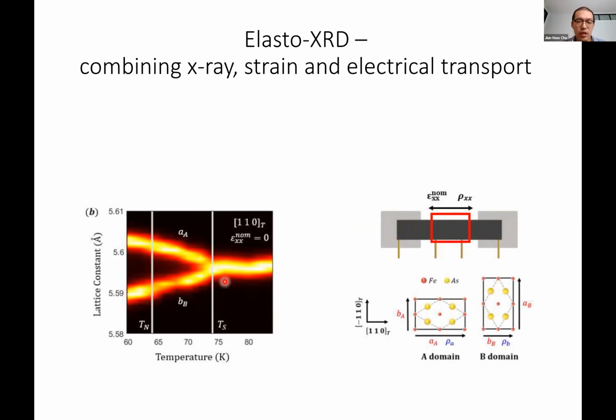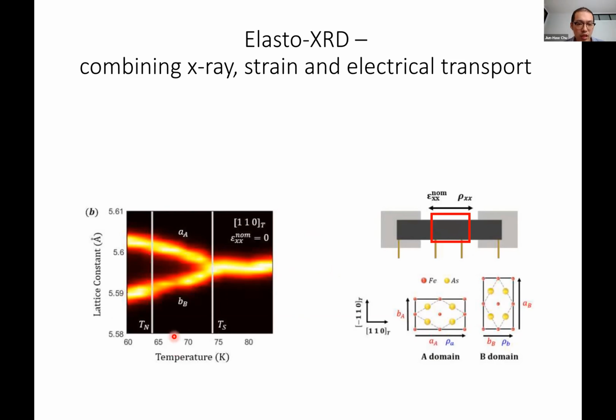So let's say we're measuring one of those samples, and below the structural phase transition you form structural domains, with some domains aligning this way and some domains aligning the other way. Therefore, in the X-ray diffraction curve, you can see that one X-ray diffraction peak is split into two. This is because you see two lattice constants corresponding to two domains.